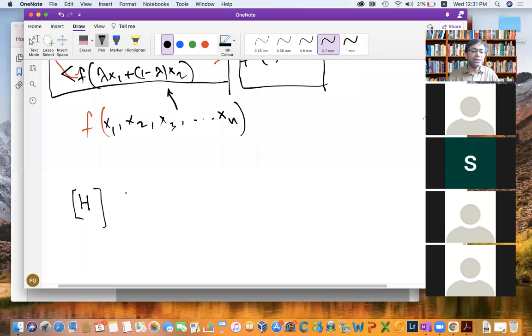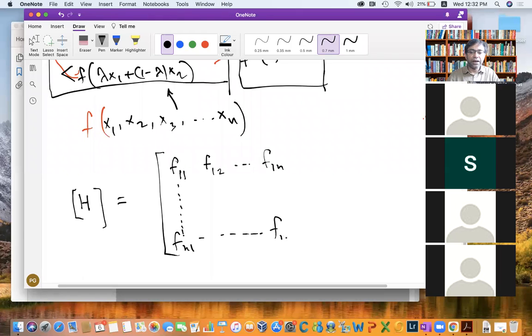The Hessian matrix is the matrix of all the second derivatives of this function, right? So you have f11, f12 to f1n, and here you have fn1, up to fnn.